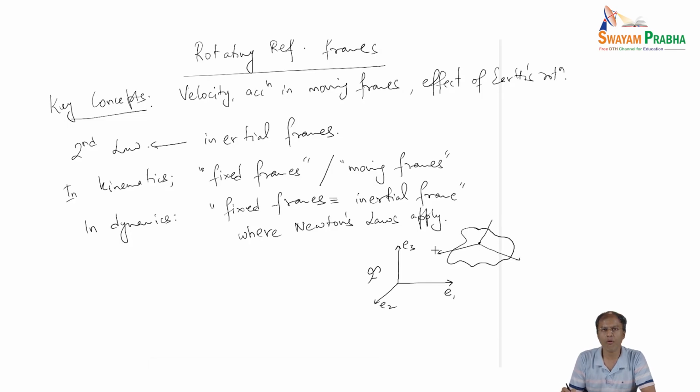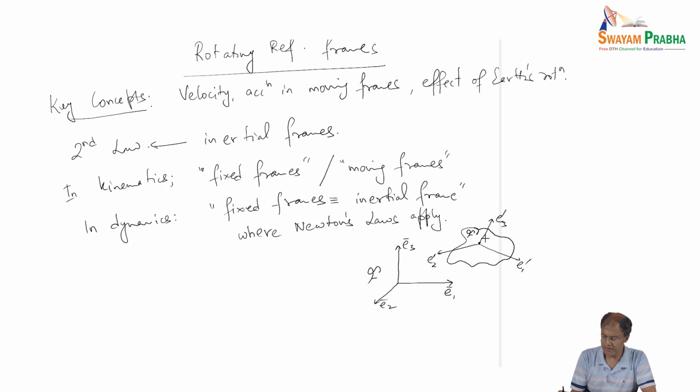We call this the body fitted frame, or the moving frame. Let me denote this body fitted frame as F prime. From here onwards, all the primes are going to denote the moving frames, and all the unprimed vectors and unprimed references will refer to the fixed frame quantities.